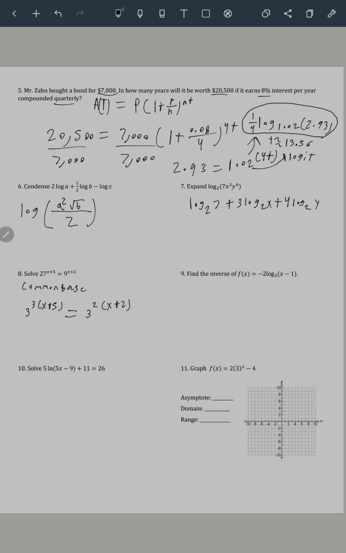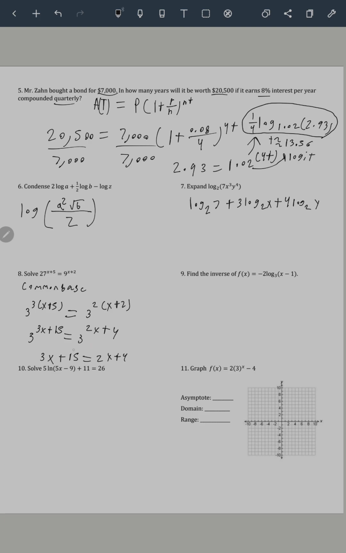Now we just multiply these together, and then you got 3 to the power of 3x plus 5 equals 3 to the power of 2x plus, so not 5, 15, and then you got 4, right? Since they're common base, they're just equal to each other, so you could just drag them out here. 3x plus 15 equals 2x plus 4.